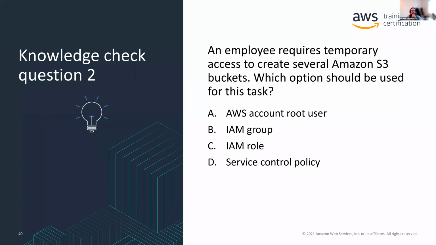An employee requires temporary access to create several S3 buckets. Which option should be used for this task? Hopefully I said this enough so you got it. Good. It is indeed an IAM role.